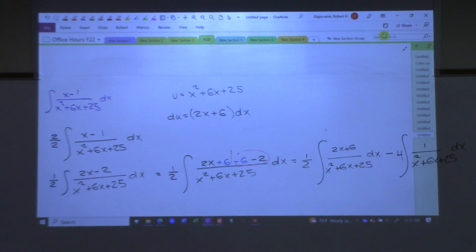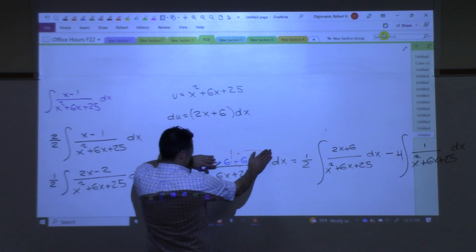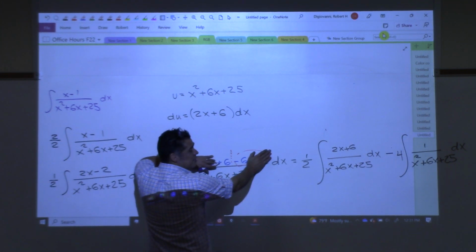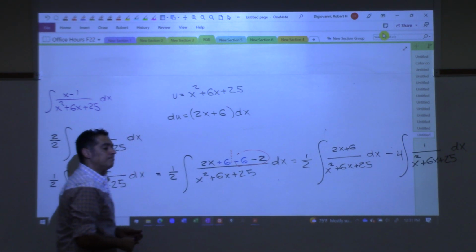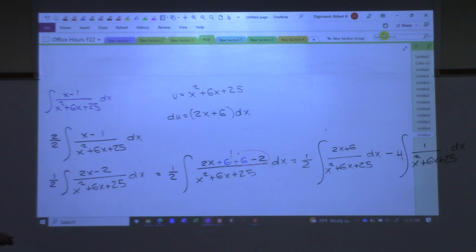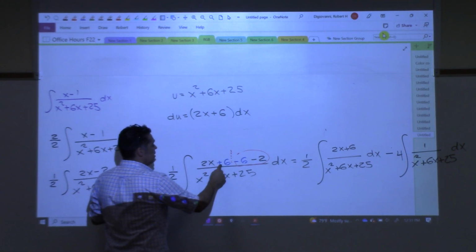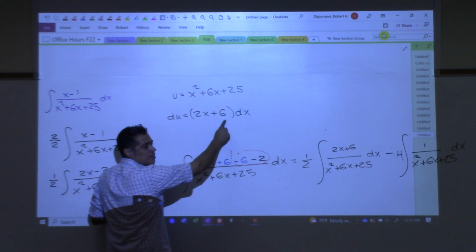Could you re-explain the step of adding the 0, the plus 6, minus 6? Well, do you agree that's 0? Yeah. And do you agree that adding 0 to anything doesn't change it? Yeah, I understand how it works. Just what's the method that brought us to do that? Why +6? Because I'm trying to get it to look like this.